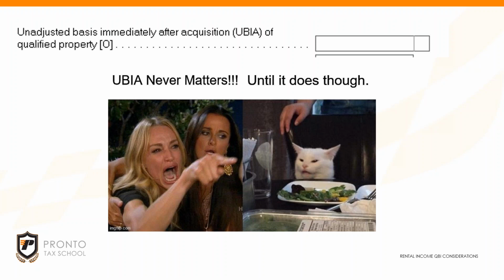So if you have a profitable rental, a Schedule E that's yielding a profit, the UBIA consideration matters if the taxpayer has a higher income and is over the threshold amounts for the QBI deduction, where it starts to get phased out. You've got to look in your software to protect that QBI deduction, and make sure that the original purchase price, or the basis, I should say, of the property is there. So not the basis after all the depreciation, but the original basis of purchase price plus the undeducted closing costs, right?